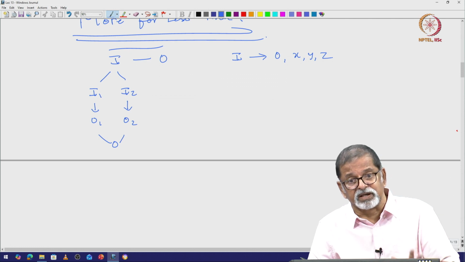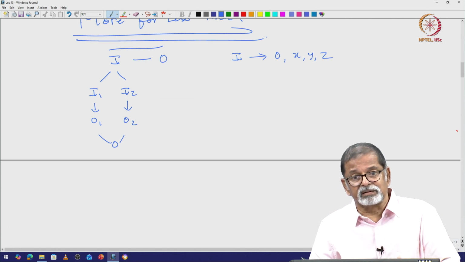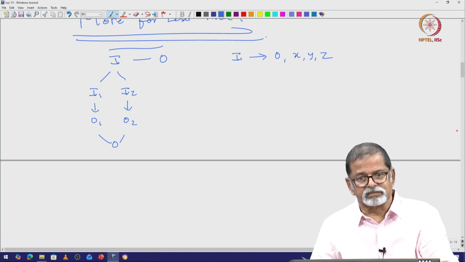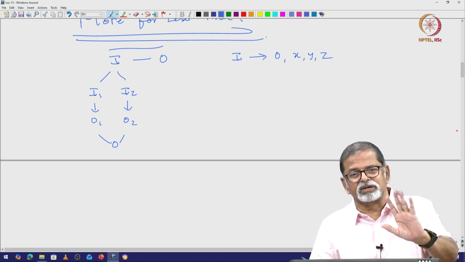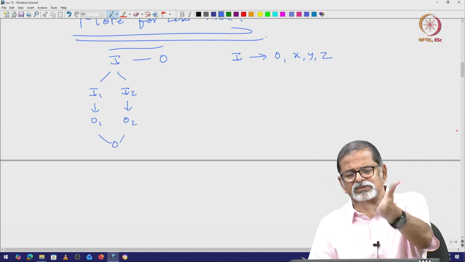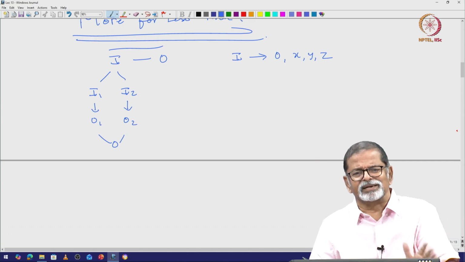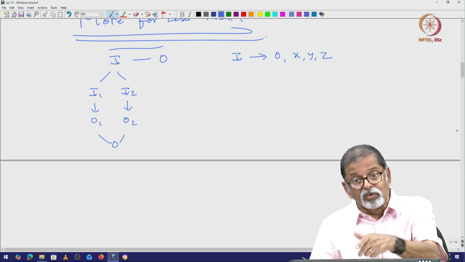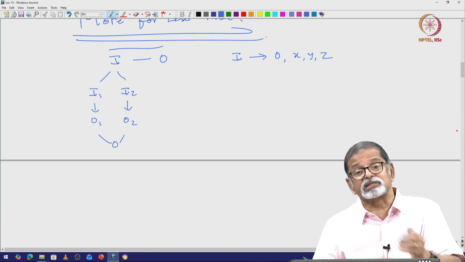So, change the specification to, for an I want O, X, Y and Z. Actually what you want is O, but mathematically you now change the specification to X, Y, Z. These are redundant additions, but you want more. This more can be obtained with less time.